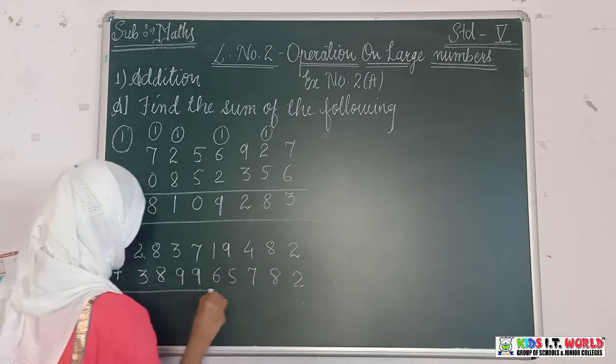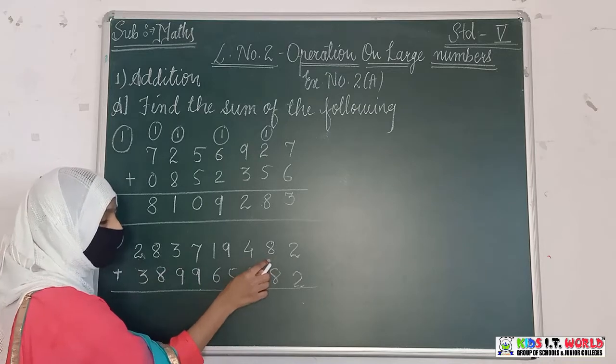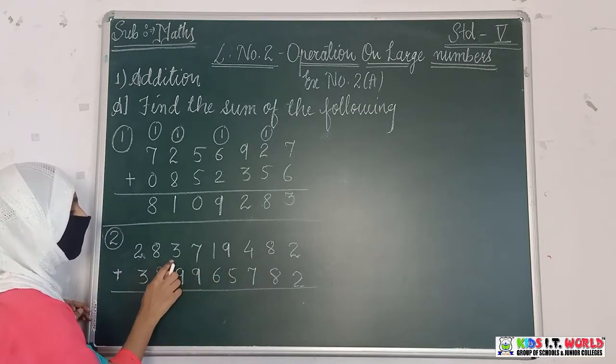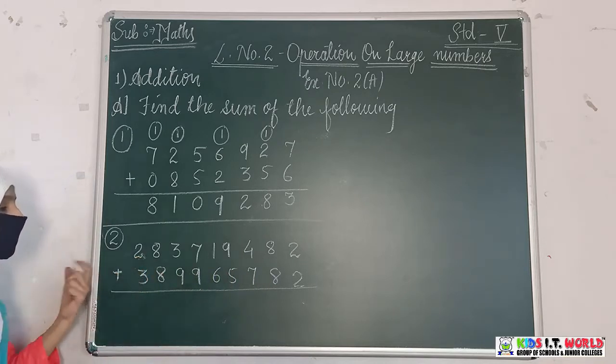Here the numbers are of how many digits? It starts from 10 crores: ones, tens, hundreds, thousands, ten thousands, lakh, ten lakh, crore and ten crores. Means this number starts from the 10 crores.